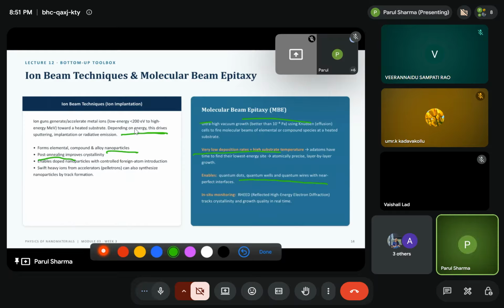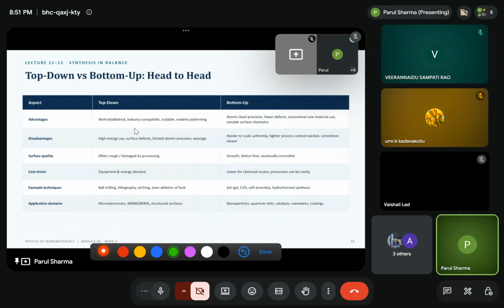When we are doing sputtering or CVD, these are not in situ measurements, but in case of MBE, using reflection high energy electron diffraction, we can track the crystallinity and growth quality in real time. So this is called the in situ process.